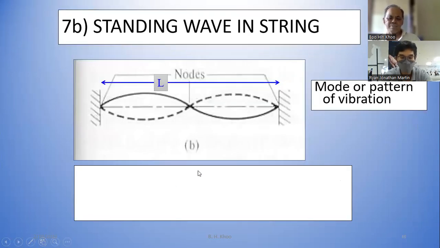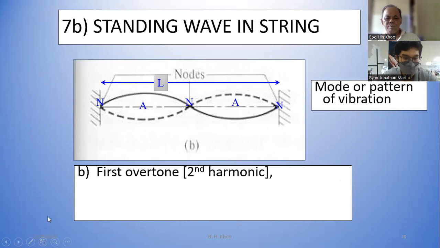And second mode, two loops, same length. You'll be able to say, okay, all these are the antinodes, all these are the nodes. So we call it the first overtone or second harmonic.